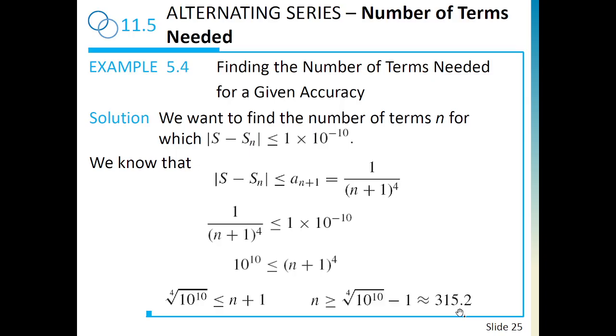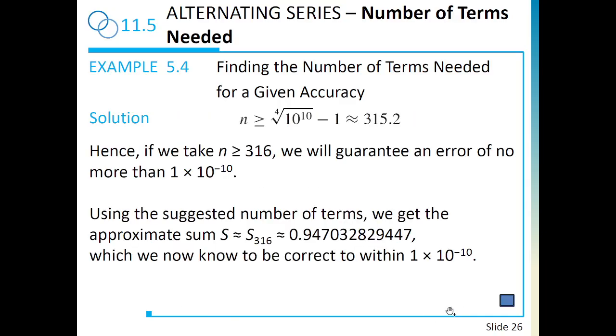So to guarantee that the error is smaller than 10 to power minus 10, we should add the first 316 terms. Obviously, we are not going to do that, but that's how many terms we should add in order to guarantee that the error is smaller than 10 to power minus 10.